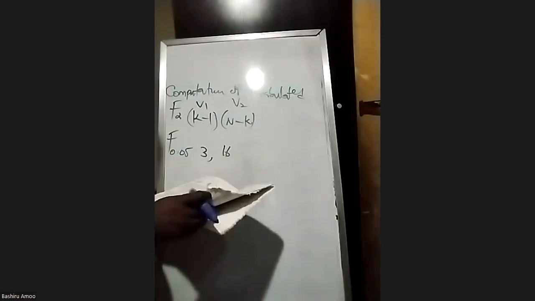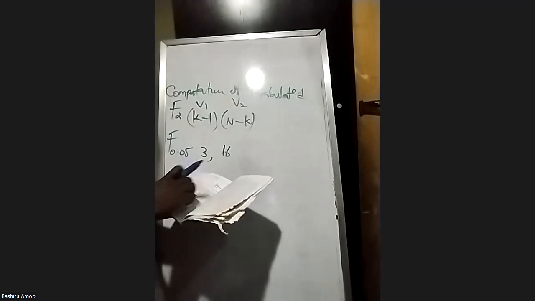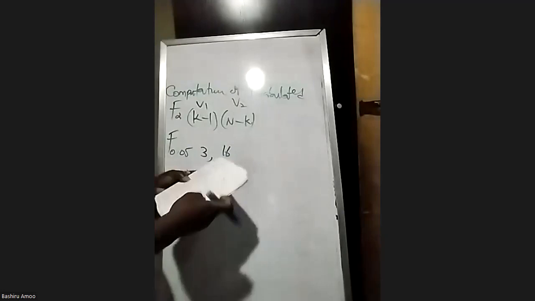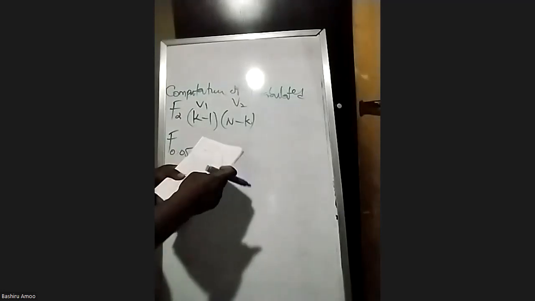Let me look at my table. You can see you have the one that starts from 1 to 3 for P1, and the one for 1, 2, 3 for P2. You see P1, P2 here, and you see F1, F2.